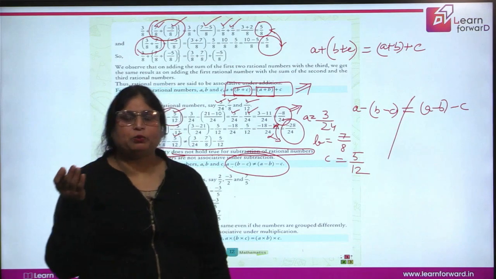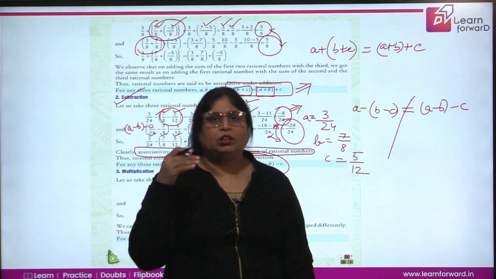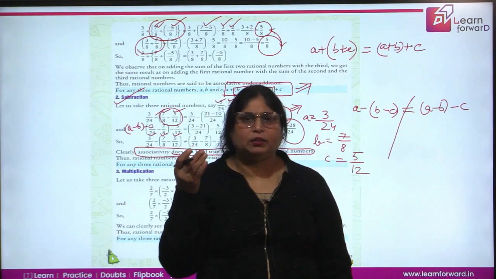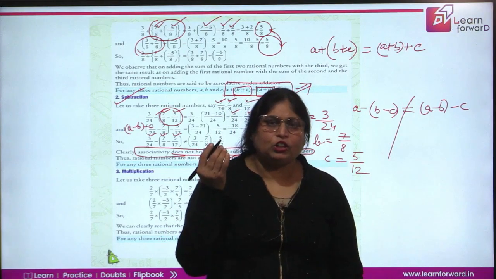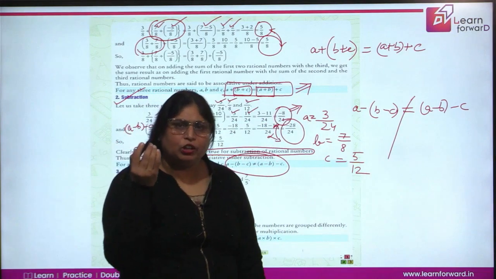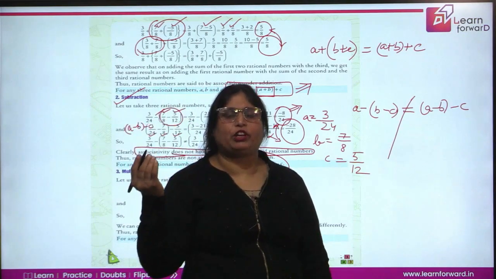Can we move to the next property? We have taken the subtraction property and addition property of rational numbers. Associative property of addition of rational numbers. Associative property of subtraction of rational numbers.